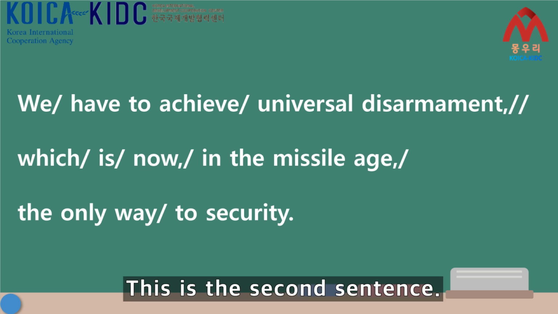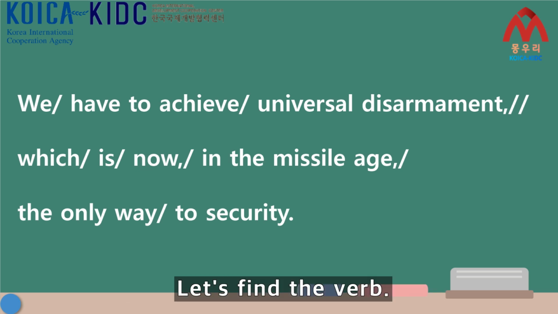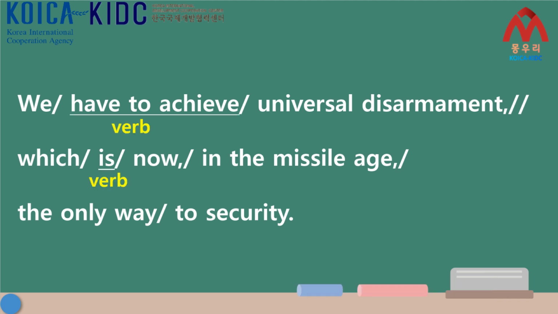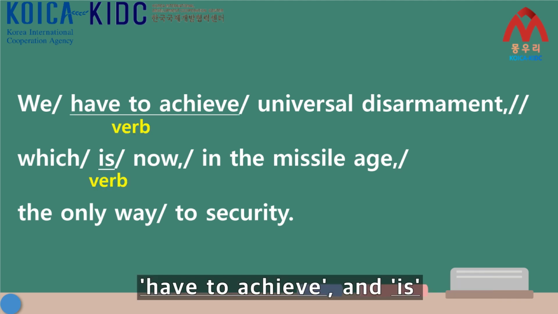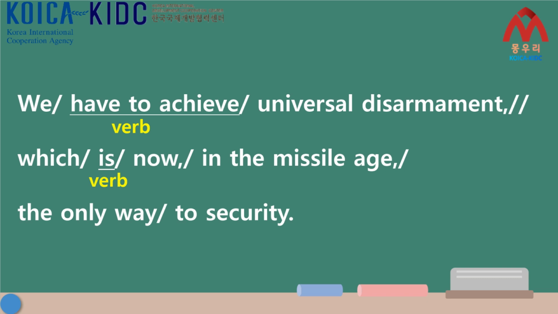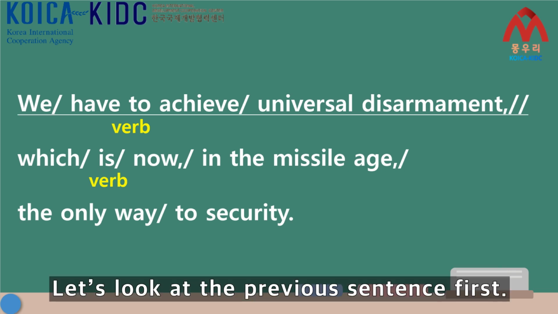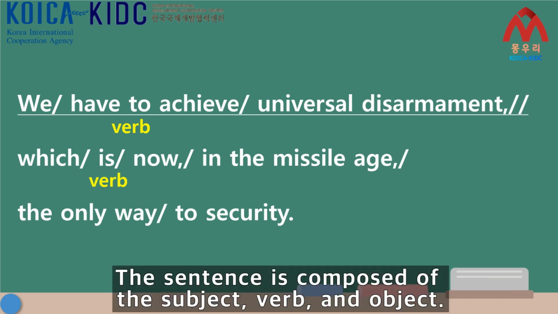This is the second sentence. Let's find the verb. There are 2 verbs in one sentence. Have to achieve and is. It means that the sentence consists of 2 sentences. Let's look at the previous sentence first. The sentence is composed of the subject, verb, and object.